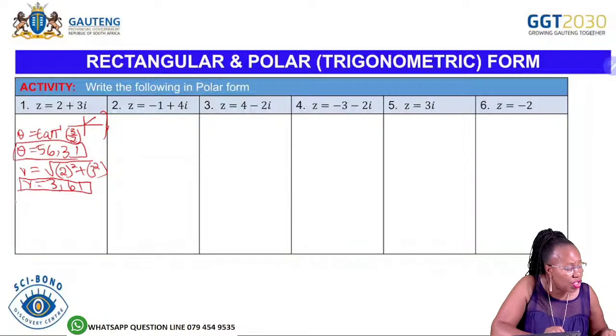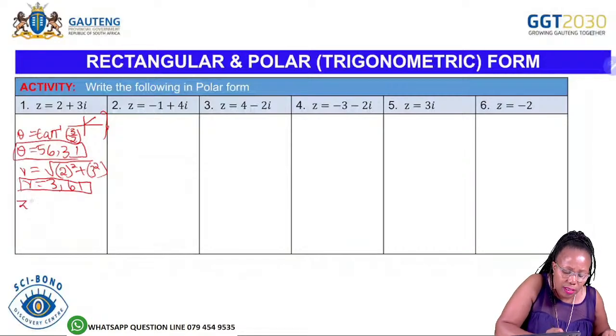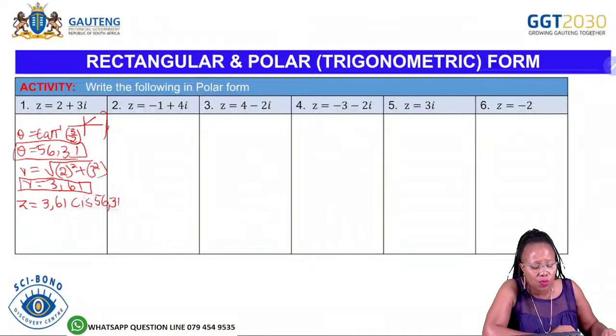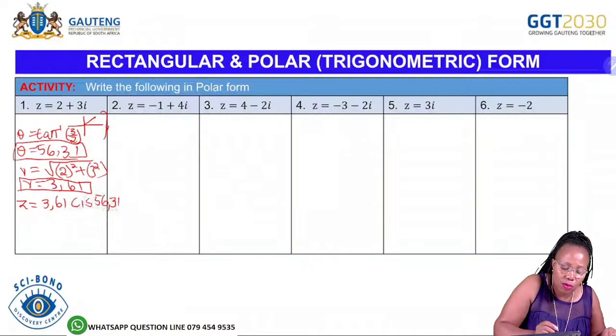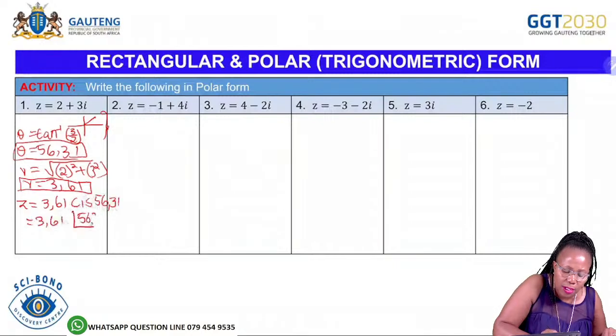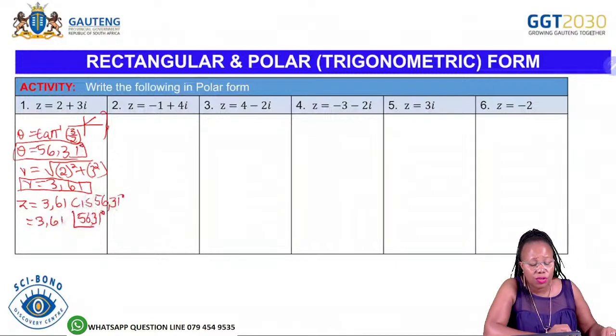Z equals 3,61 cis 56,31. Or you can write 3,61 times cos 56,31 plus i sine 56,31, it's fine. Or you can write 3,61 with the angle notation, 56,31 degrees there. That is the notation.